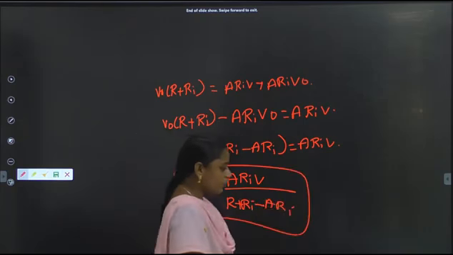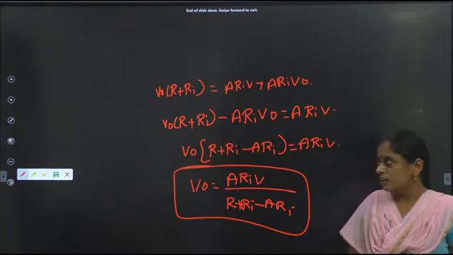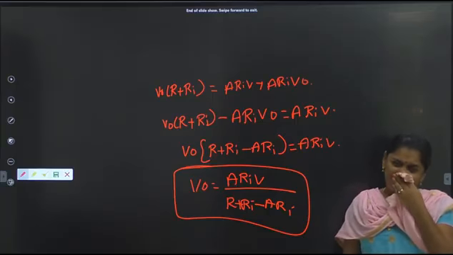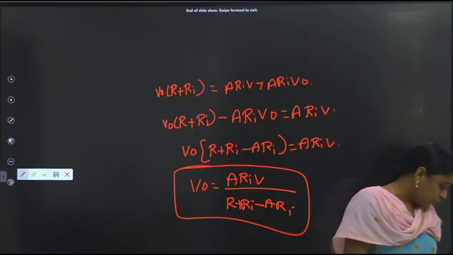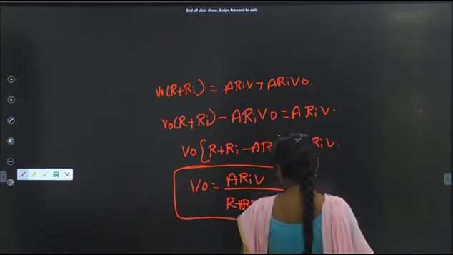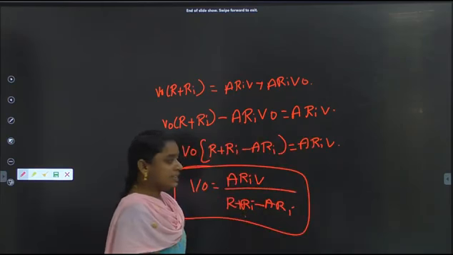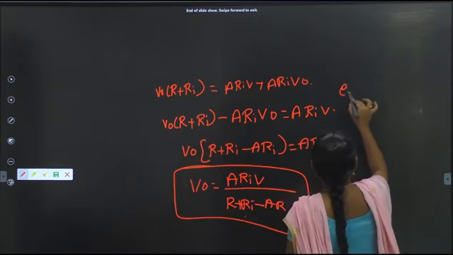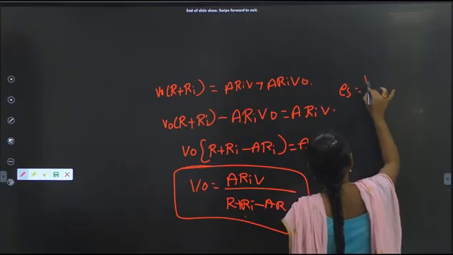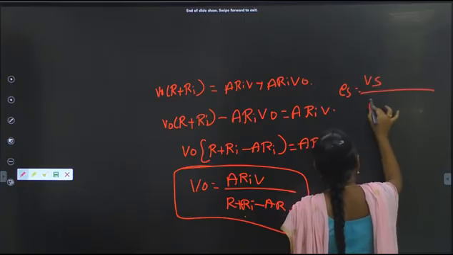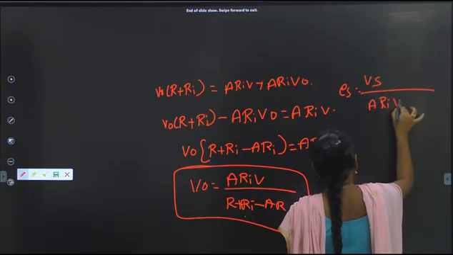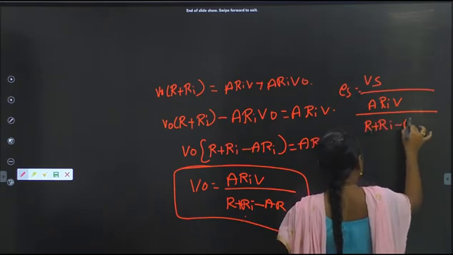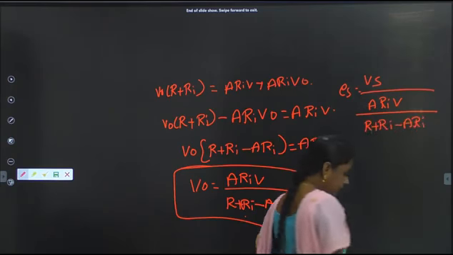As we know, what is the equation for the sweep speed error? The sweep speed error is equal to the maximum amplitude by the maximum output, at t equal to infinity. So at t equal to infinity we get this output. That is Es is equal to maximum amplitude Vs by A into Ri of V by R plus Ri minus A into Ri.